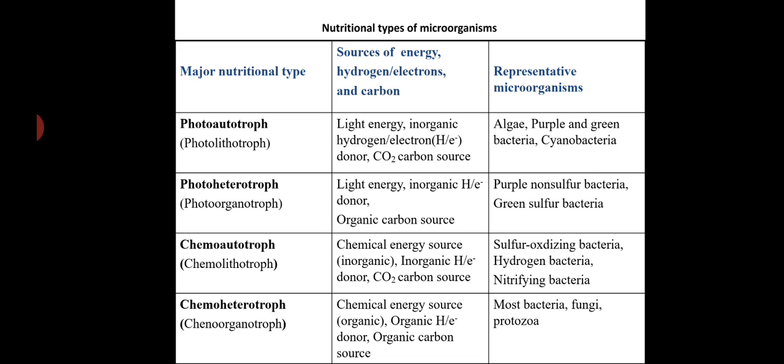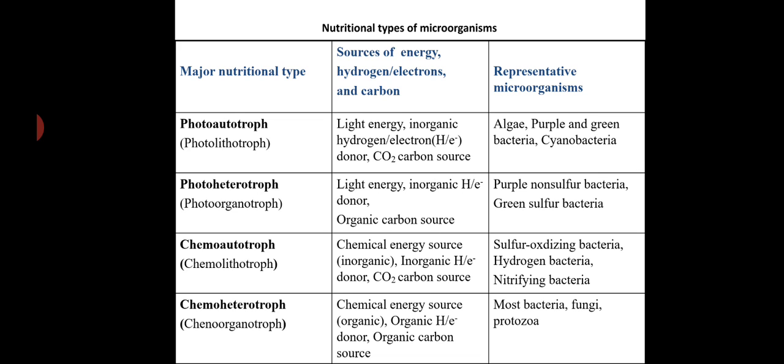And the fourth group of nutritional types of bacteria are chemoheterotrophs. These are also called chemoorganotrophs. For this group of bacteria, the source of energy is chemical energy from an organic chemical source, and hydrogen is from an organic electron donor.